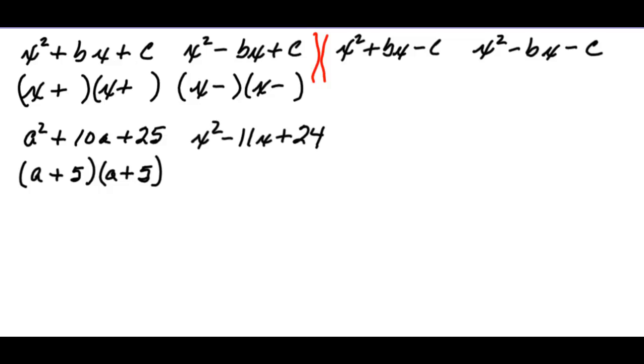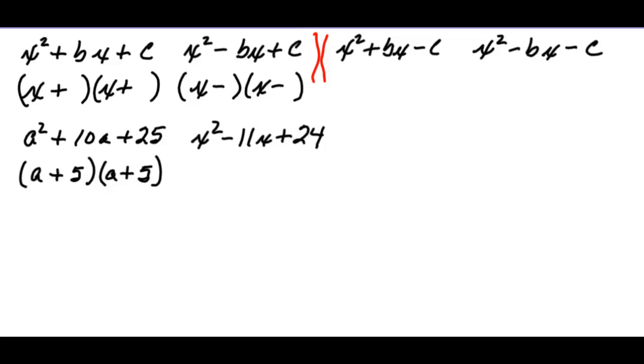Now again, I'm asking myself, what two numbers when multiplied together give me 24, and when added together will give me 11? The factors are 24 and 1, 12 and 2, 8 and 3, and 6 and 4. They love the number 24 when it comes to factoring. Well, 24 and 1 doesn't work, 12 and 2 doesn't work, 6 and 4 only totals 10, but 8 and 3 total 11. That's what we're looking for.